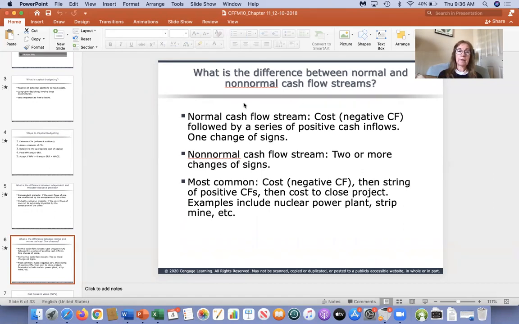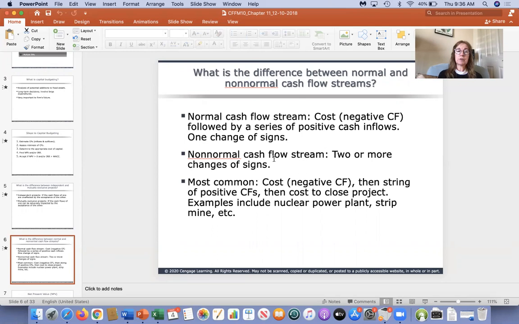A normal cash flow stream is when you have the cost of the project, so your initial cash flow is negative, and then all the other ones are positive. That's typically what happens. A non-normal cash flow stream is when it's negative, goes positive, and then goes negative again.